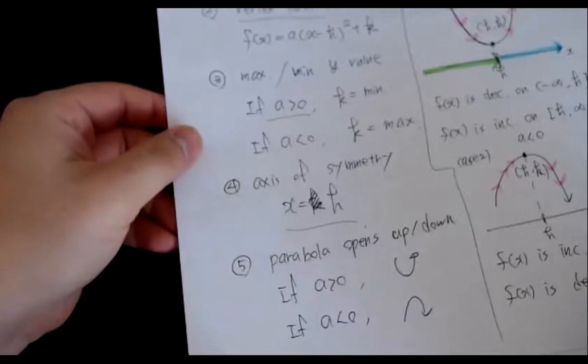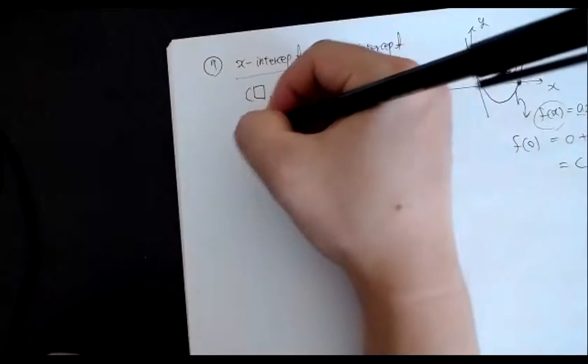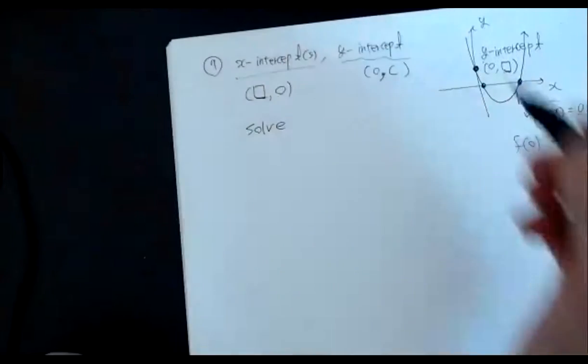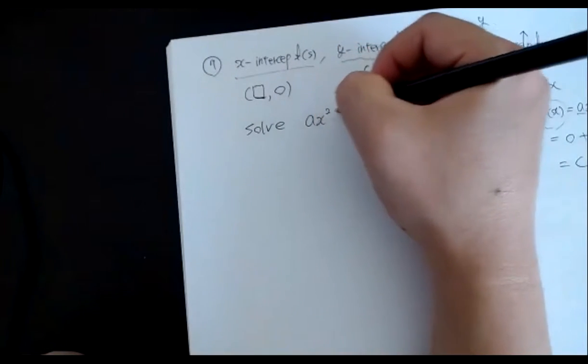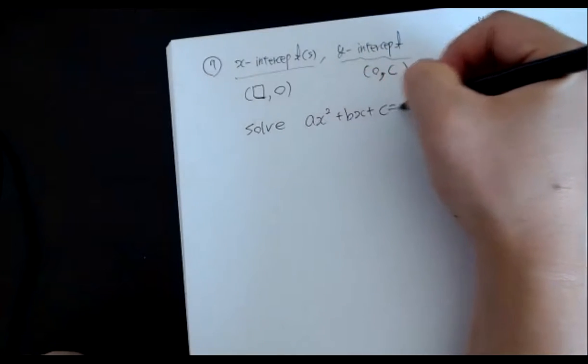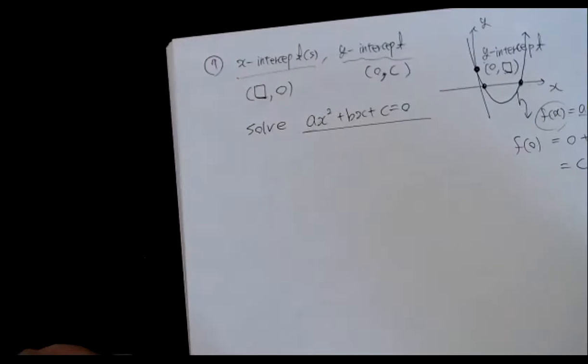So we have to solve for such x-coordinates: ax squared plus bx plus c equals 0. This is the quadratic equation. So now we figured out the relationship between quadratic functions and quadratic equations.